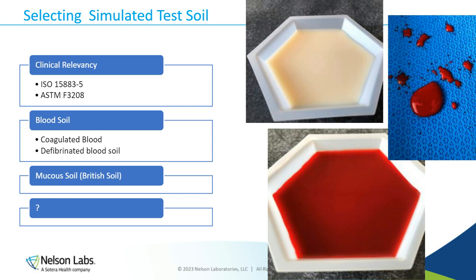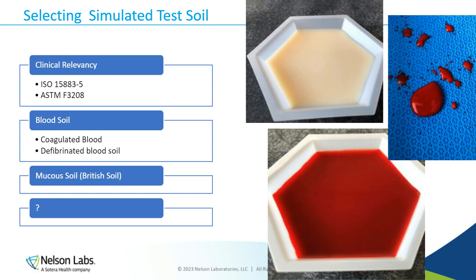How your devices are being challenged is how we are going to validate it. If you say that we want you to add bone to it because it's an orthopedic device, we would add bone meal to it, or we would try to get a pig bone and drill in it and get all that out and put it in the test soil, right? We can't do everything, but we try to simulate as much as we can.